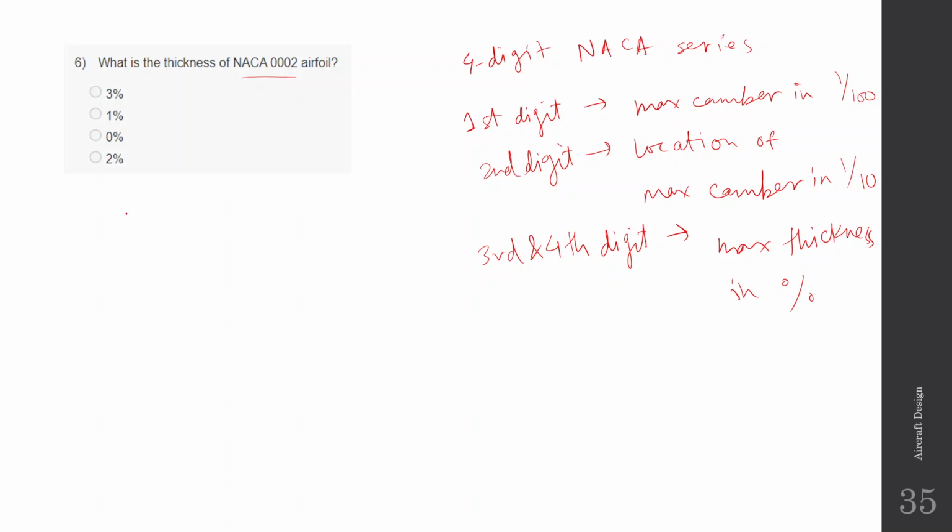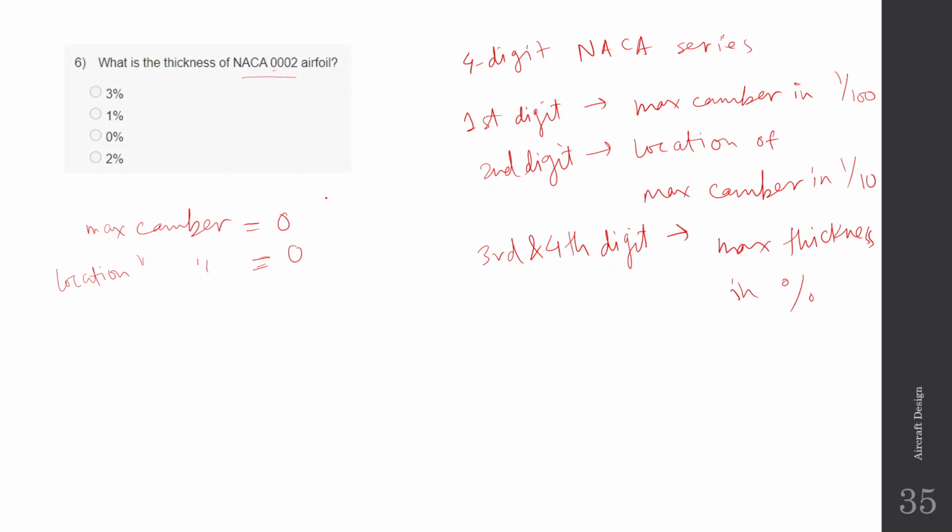From this, what you can see is that the first digit is 0, so the max camber is 0, and therefore the location of max camber does not matter. They have written it as 0, but the location is irrelevant because there is no camber.